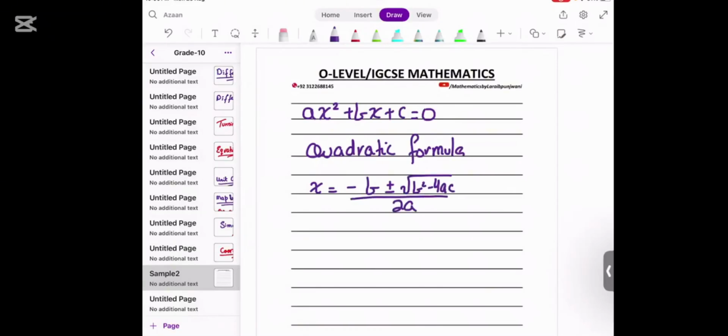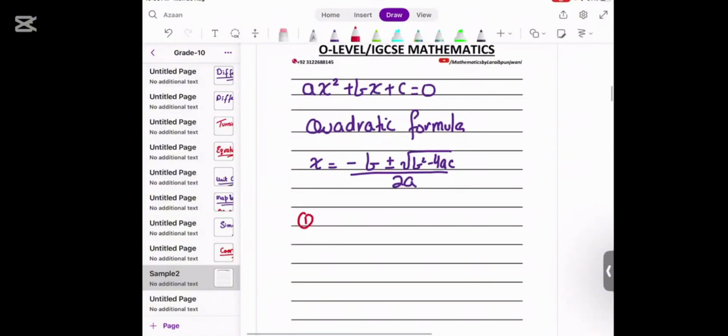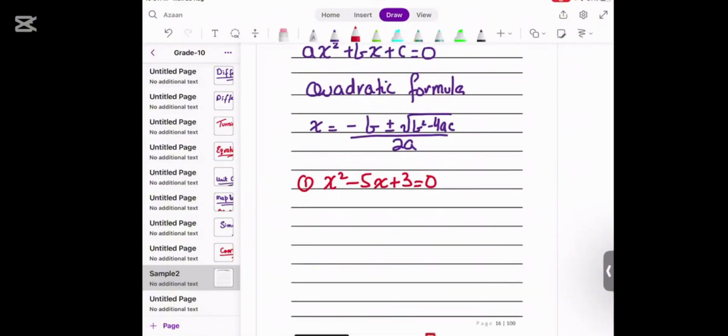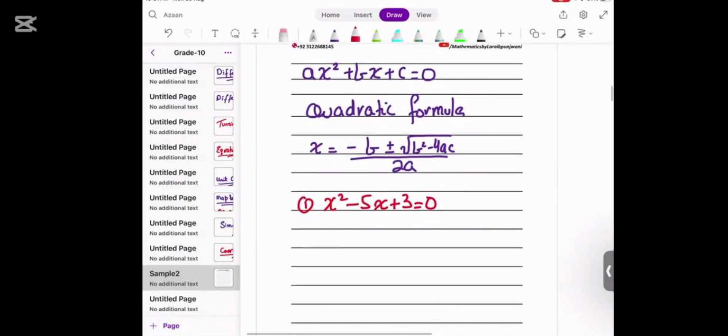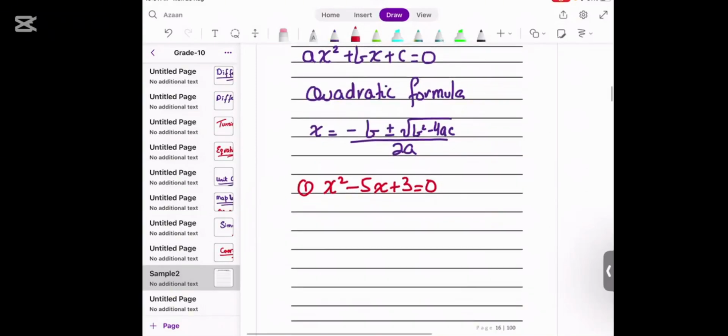This is the quadratic formula we have. So I will do one question. x square minus 5x plus 3 equal to 0. There is no way we can apply middle term break in this equation. So when we have this scenario, we will use the quadratic formula.